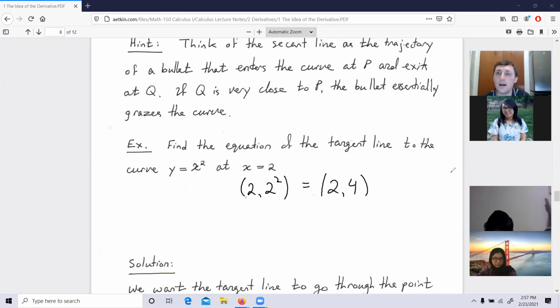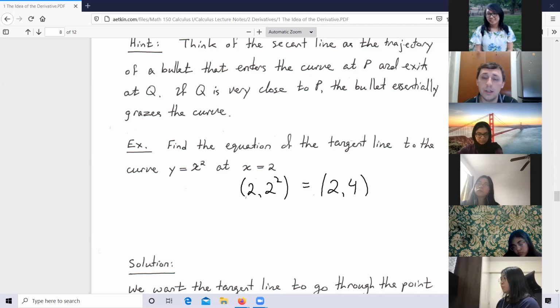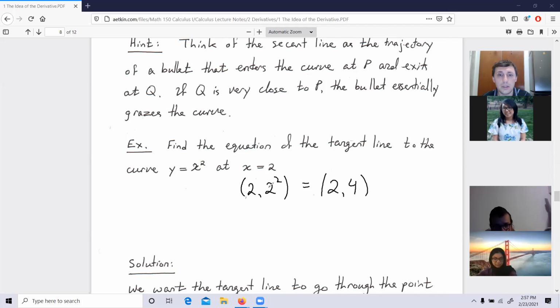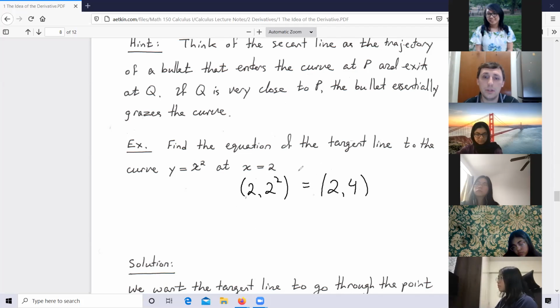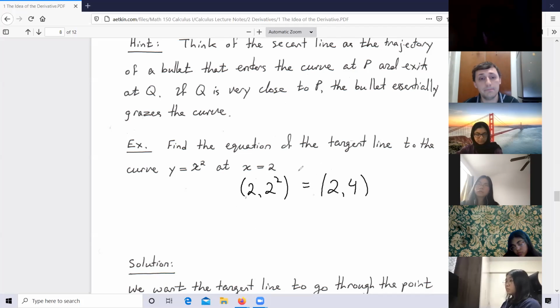But I would advise avoiding doing calculations when they are not necessary. In this case, squaring the 2 is not necessary. So it's 2 squared. To find the slope, you need to take another point. Tell me what other point will I take.